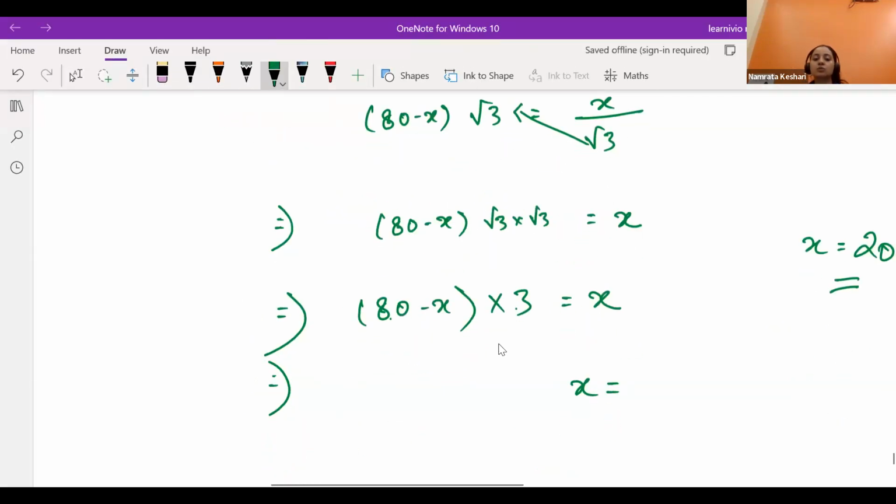What is the x value? x का value क्या आ रहा है? Who will let me know? 80 minus x into 3 is equal to x. Then what is the value of x?